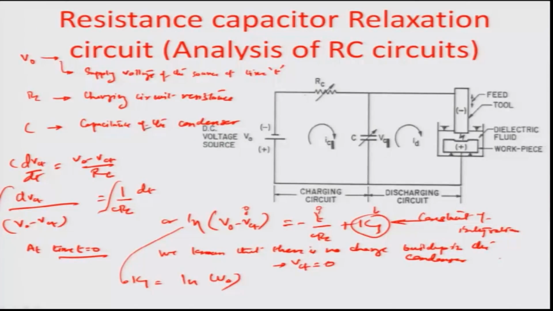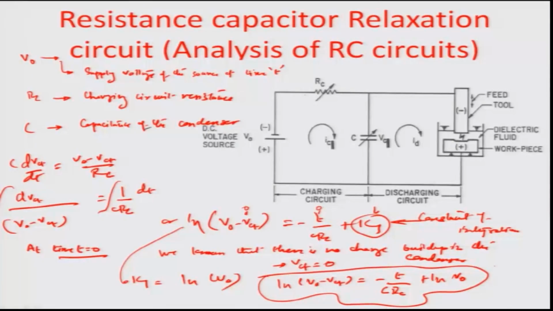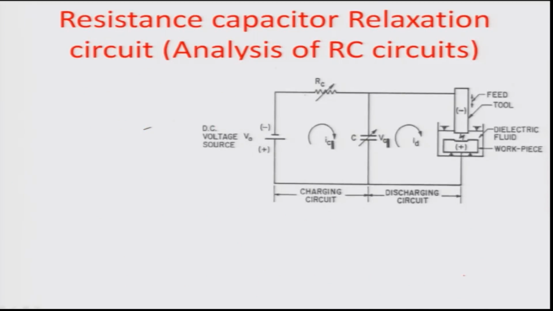So, that becomes K1. In other words, we have the final expression written here as ln(V0 minus VCT) equal to minus t by RC times the capacitance of the condenser C plus ln V0, or if you could just manipulate this equation algebraically, you have VCT equals V0 times (1 minus e to the power of minus t by RC).